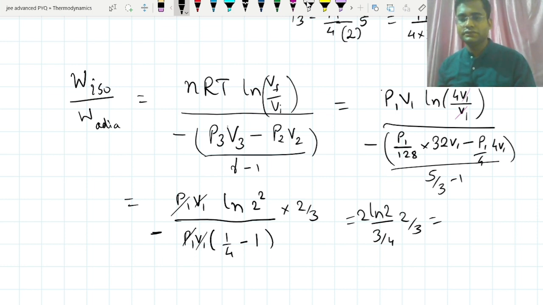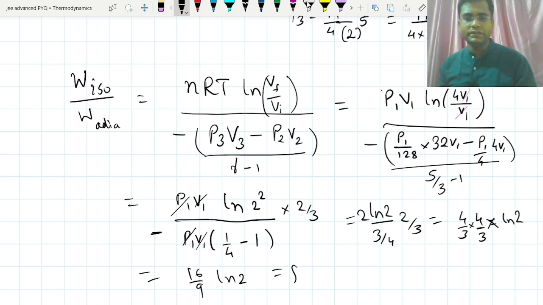So this is 2 to the 4 by 3, and you can multiply this 3 by 4 as 4 by 3. So what you have is this into log 2. So this is your 16 by 9 log 2.